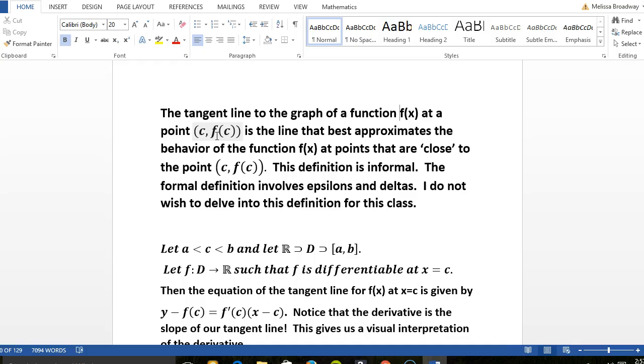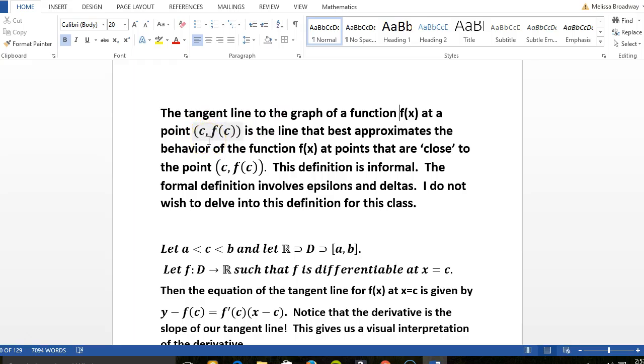It approximates the y-coordinate. If I have a very small delta c, and I consider the point c plus delta c, f of quantity c plus delta c, where delta c is very small but not zero, that point's going to be very close to this main point right here.